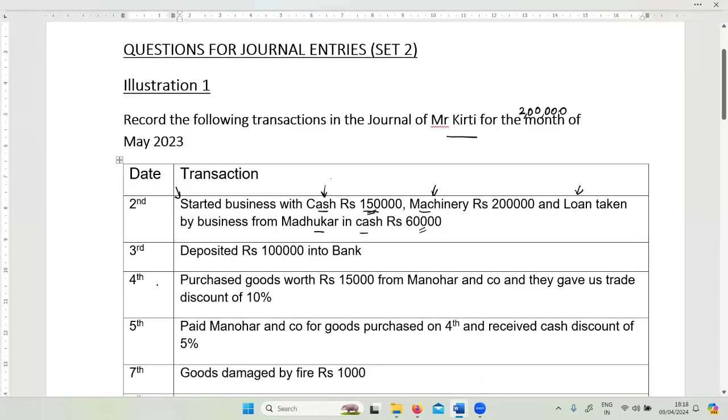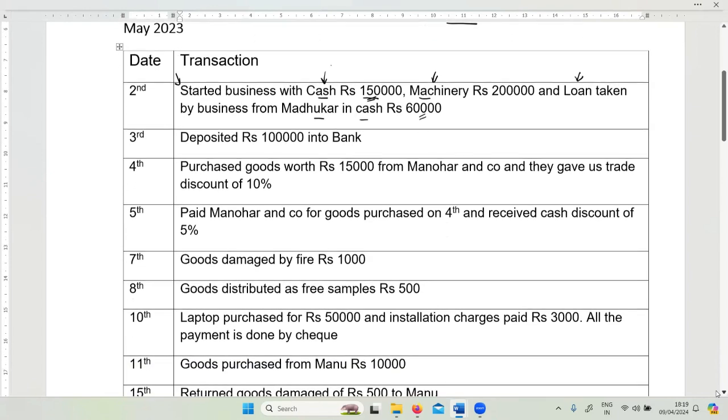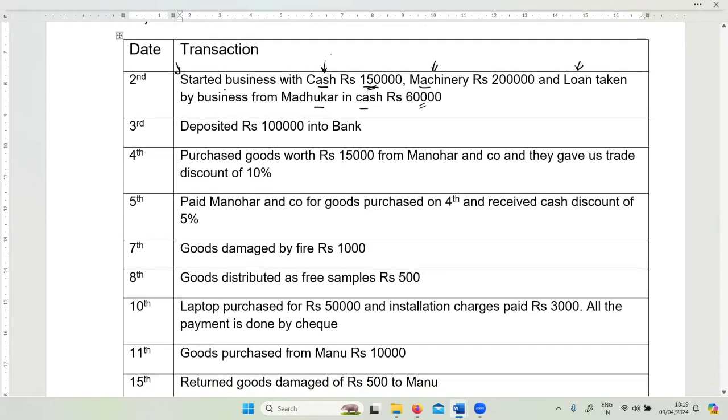Now, the third journal entry says purchased goods of rupees 15,000 from Manohar and Company, and they gave us trade discount of 10%. Goods worth 15,000. Manohar and Company, second account. So goods, that is purchases, and Manohar and Company are the two parts.